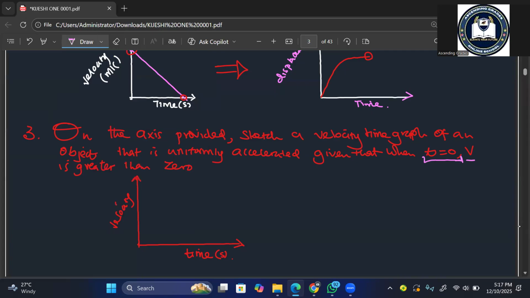So you're going to pick any point as long as it is above the zero mark, and then you can have it like this. So that one we will have solved.